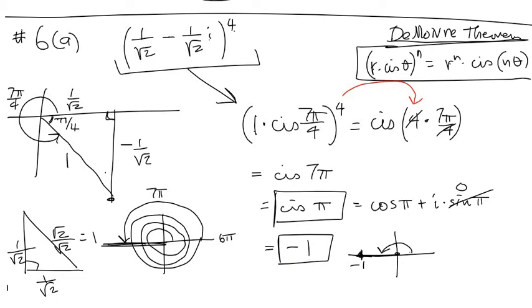And just as a little observation here, that means that the number in parentheses here is one of the 4th roots of -1. Right? Because when you raise that number to the 4th power, you get -1. So this number in the parentheses here must be one of the 4th roots of -1.